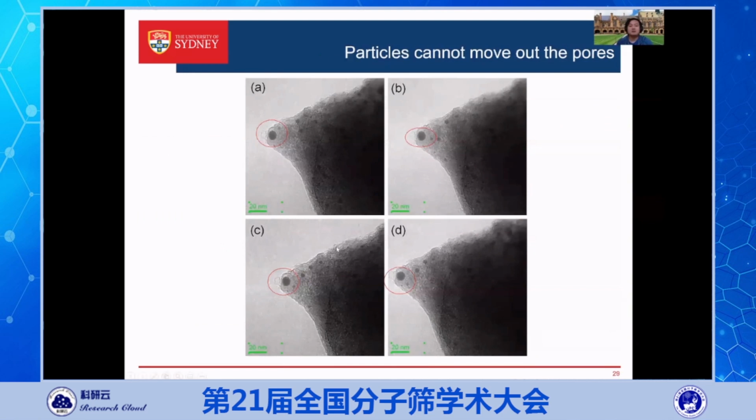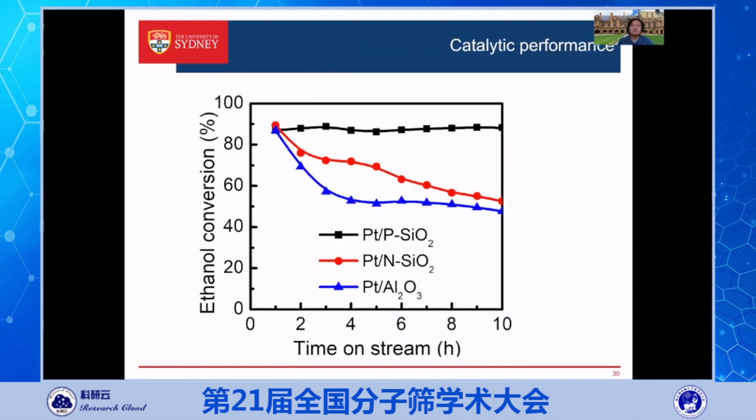Most importantly, whether small or big, they cannot come out of the pores due to this kind of surface force. And because they can move inside the pores, they are able to wash the coke inside the pores. That means they potentially block the coke generation.